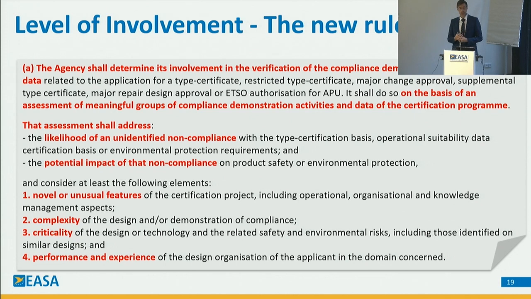But how these 4 criteria are used, how they are combined, how they are related to the likelihood or the impact, this is not said in part 21. All of that is left for us to apply 21B100 and 21A15. And we're going to show you how we think it should be applied, what is an acceptable means, how you can apply this risk assessment, and how to make the proposal on level of involvement to the agency.